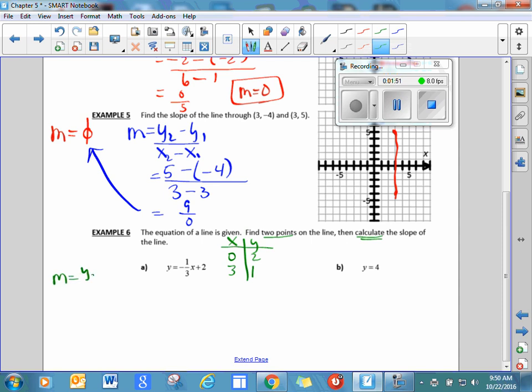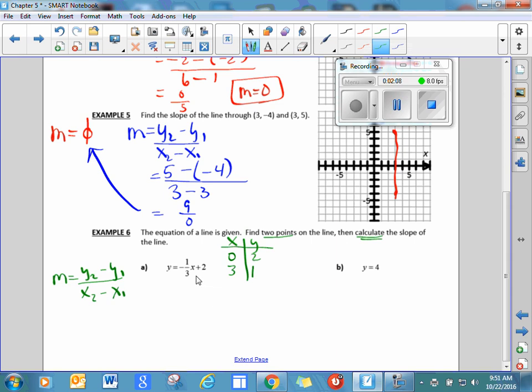M is equal to y sub 2 minus y sub 1 over x sub 2 minus x sub 1.